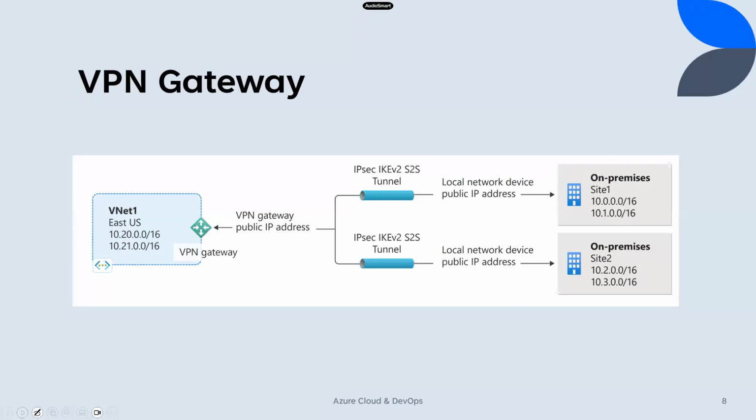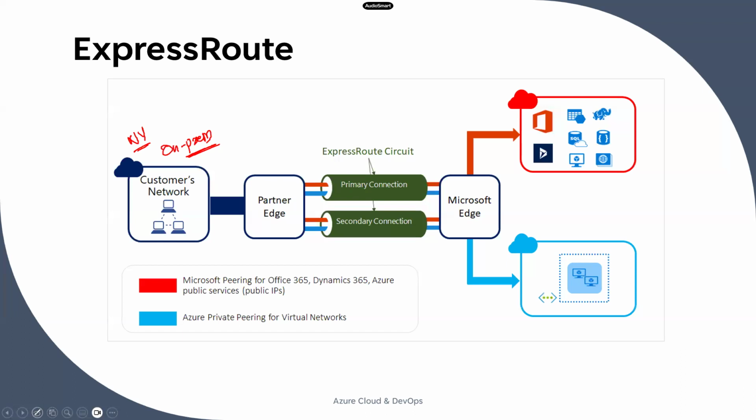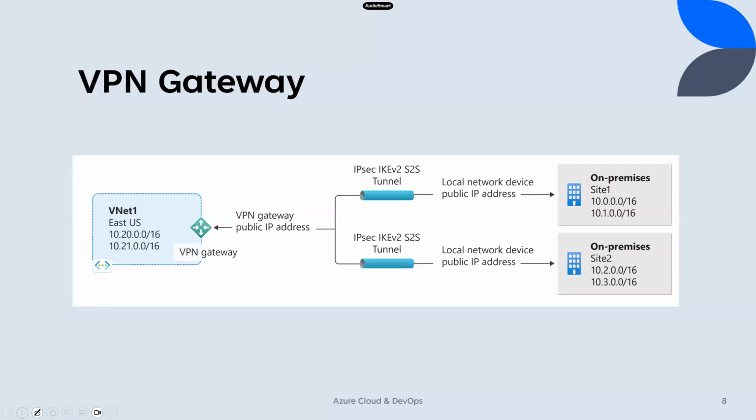Next is VPN Gateway. Here we can see we have on-premises, with different IP addresses. There will be a tunnel that allows us to communicate.